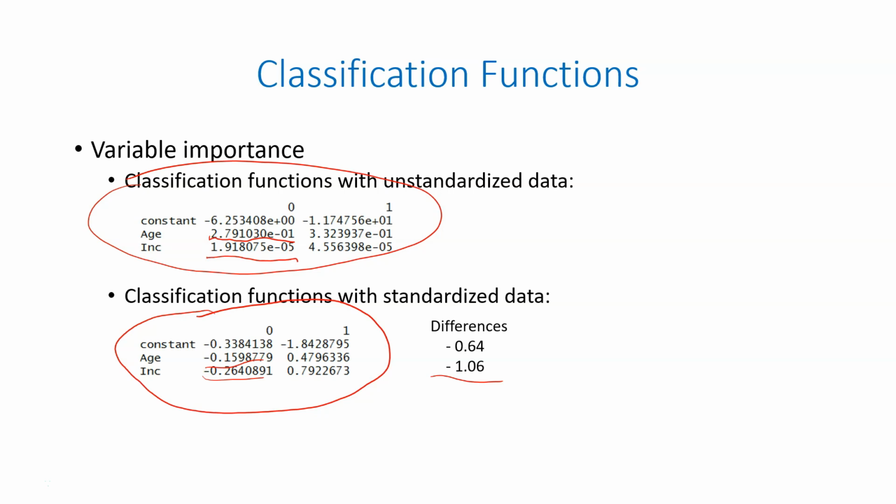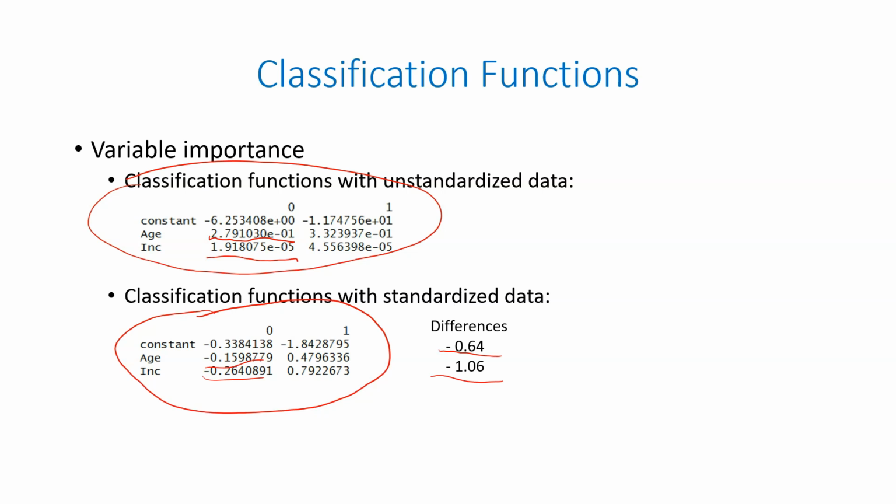For example, the difference between the coefficients for age for class 0 and class 1 is negative 0.64, whereas that for the income coefficients is negative 1.06.